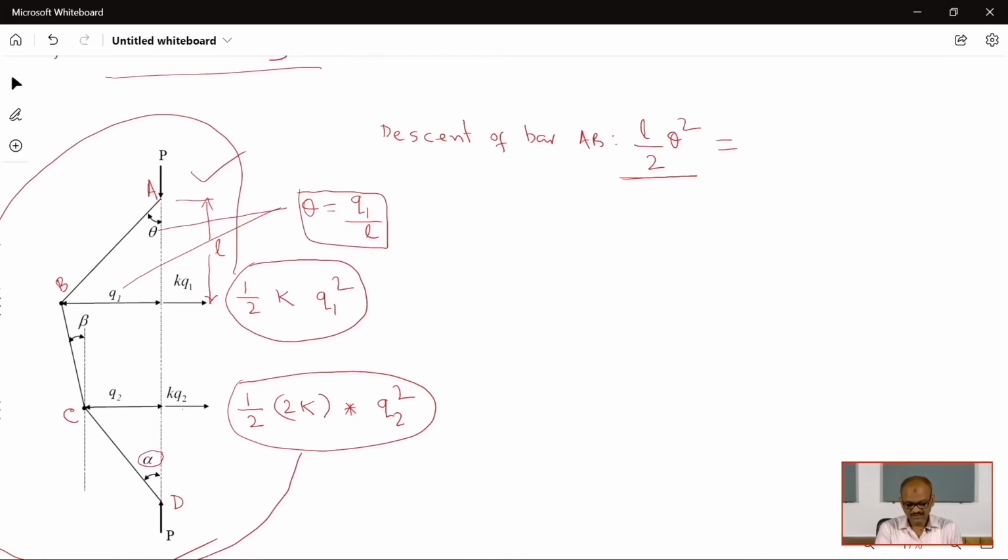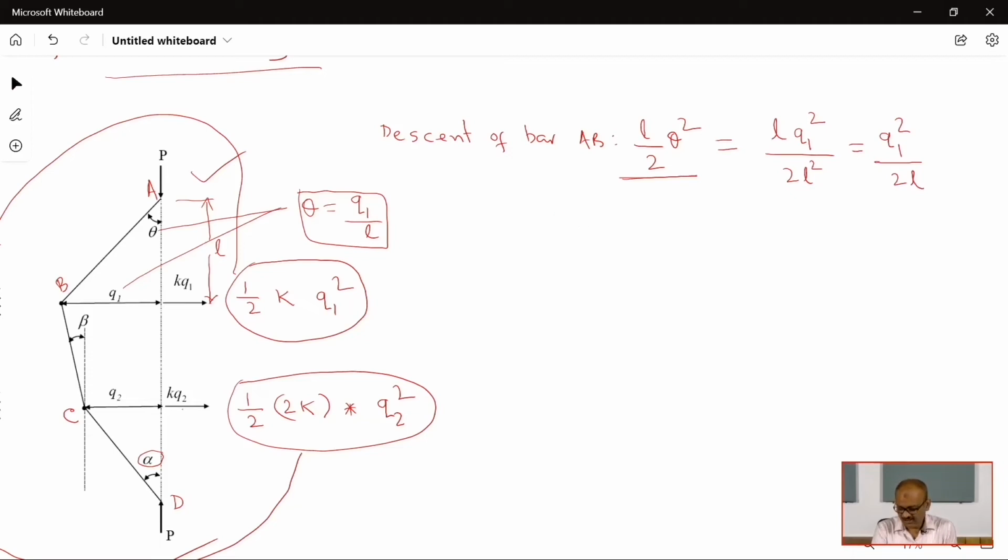So the descent of bar AB equals L by 2 into theta square, that will come L into Q1 square divided by 2L square, which you can write as Q1 square divided by 2L.